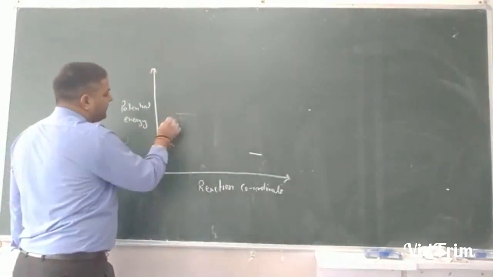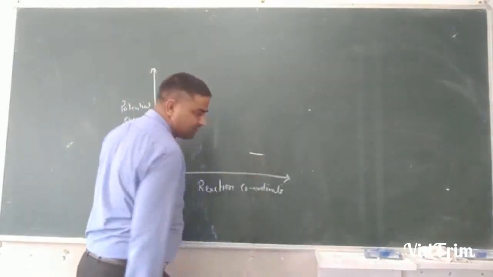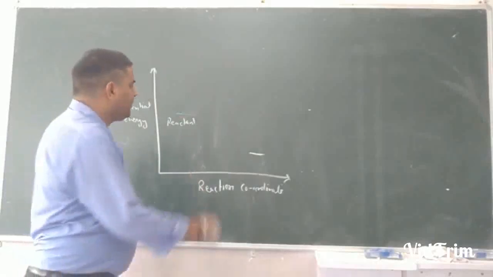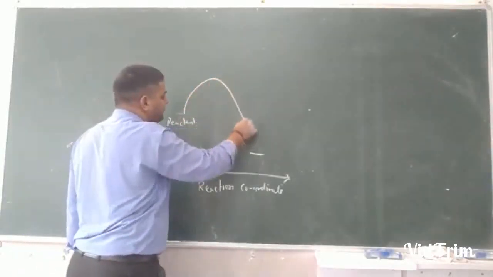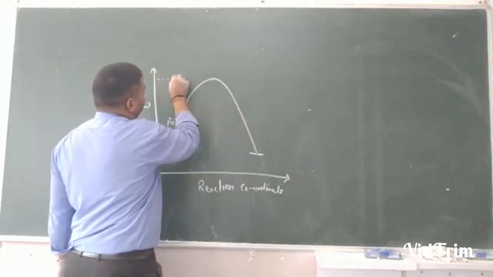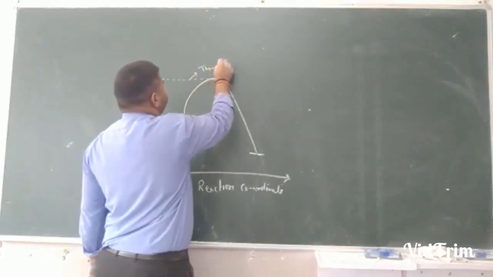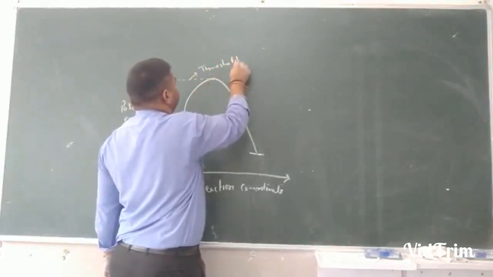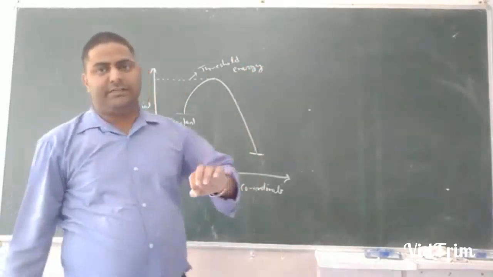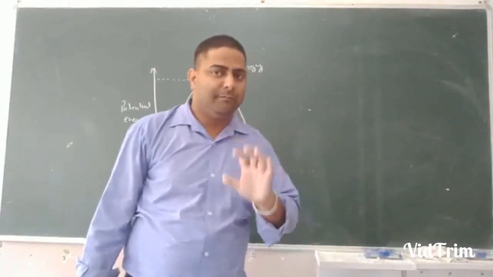Now, reactants have to convert into product. So when the reactant molecules react with each other, they have to cross an energy barrier. This energy barrier is called the threshold energy barrier. So threshold energy is the amount of energy which is required by the reactant to get converted into product.